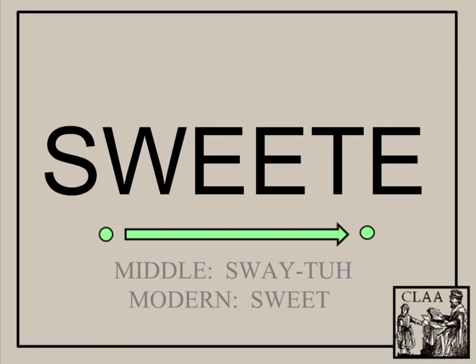In modern English, the long eh changes to the sound E, and the final schwa is dropped. In Middle English, this word was read as sueta, but in modern English, it's read sweet, sweet.